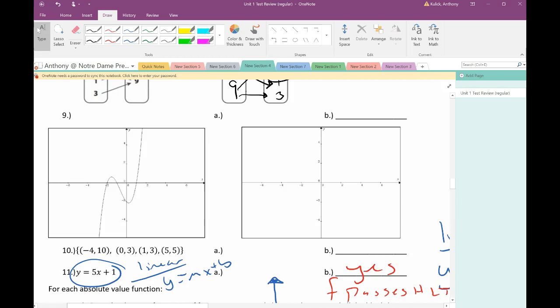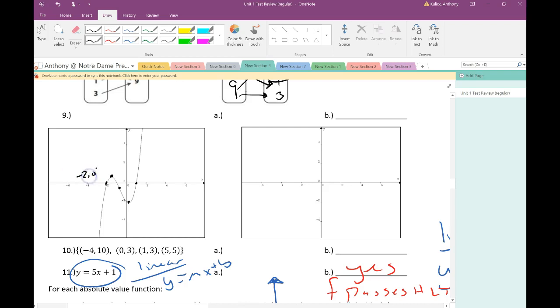Yeah, so there's a couple of different ways you could think about this. Probably the easiest way is to pick and estimate a couple of points on this.